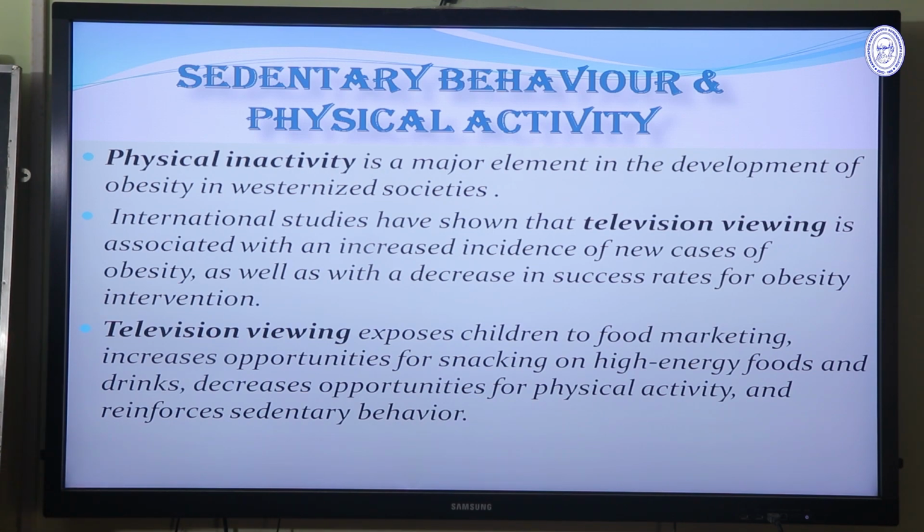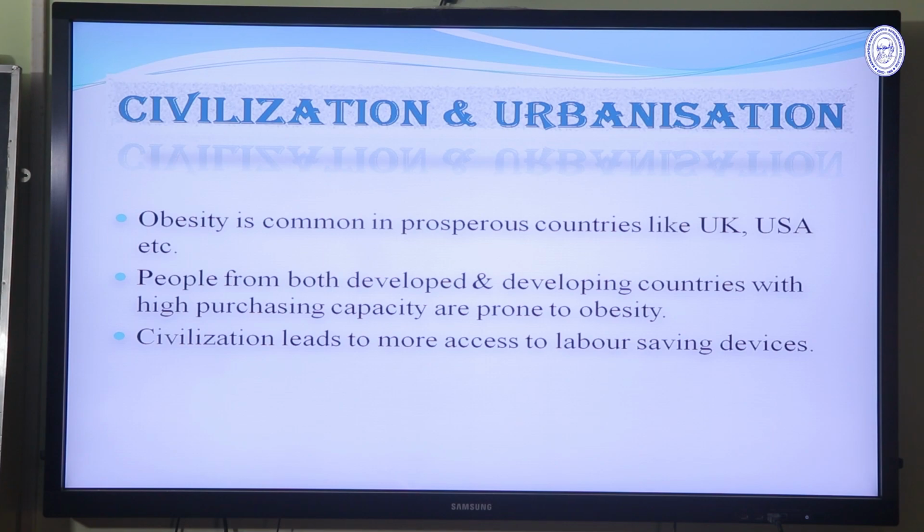Viewing television exposes children to different food marketing, increases the opportunity for snacking on high calorie food and drinks, decreases the opportunity for physical activity and outdoor games, and reinforces sedentary behavior among them. As a result, obesity occurs.